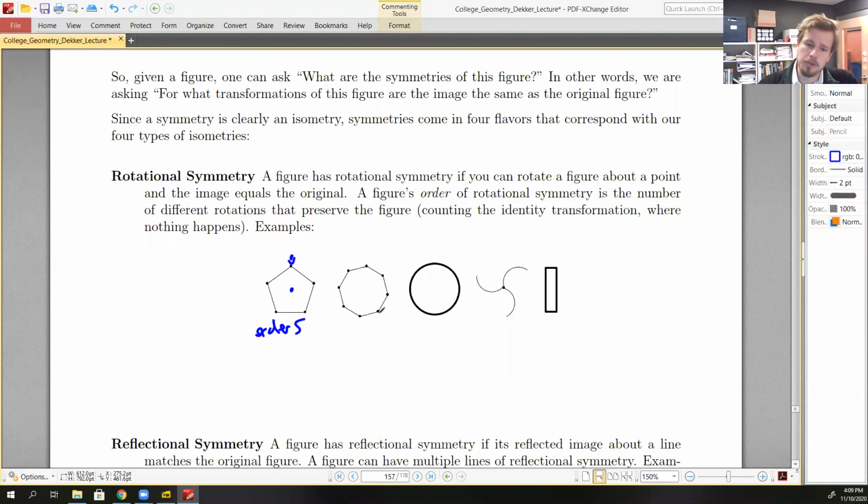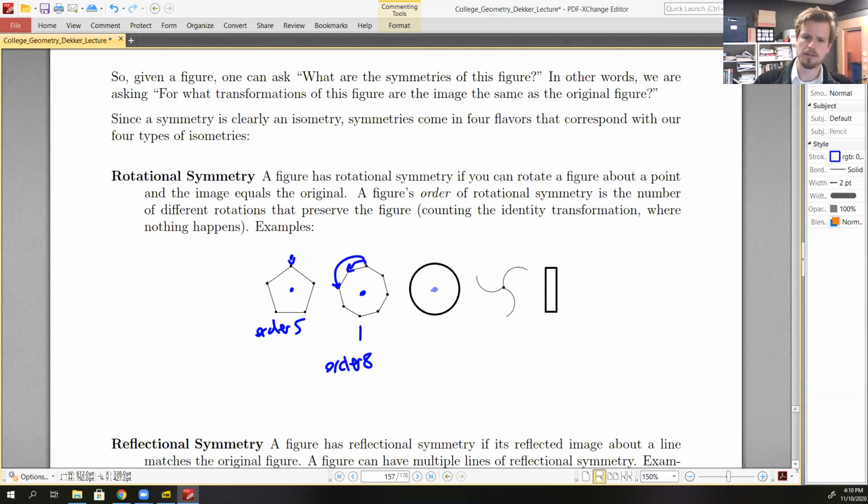In the same way, for this one, I could rotate about this point and move this point to here or to here, and so on. This gives me 0 movement, then 1, 2, 3, 4, 5, 6, 7, so 8 different rotations that I could do. So this is of order 8.